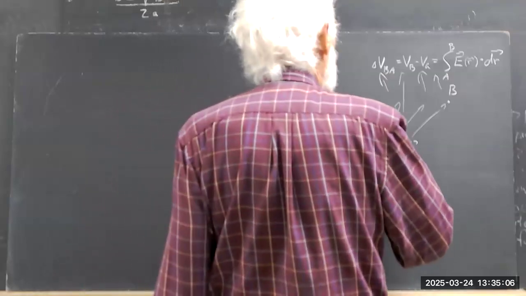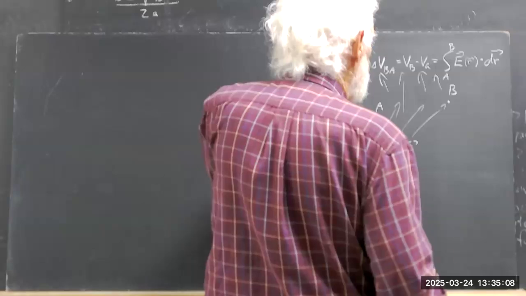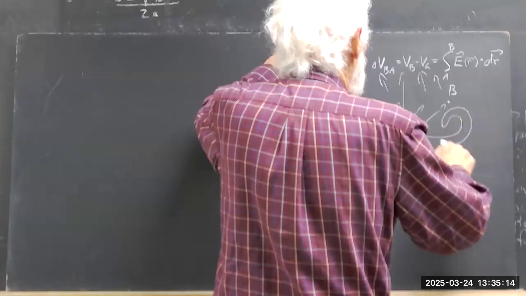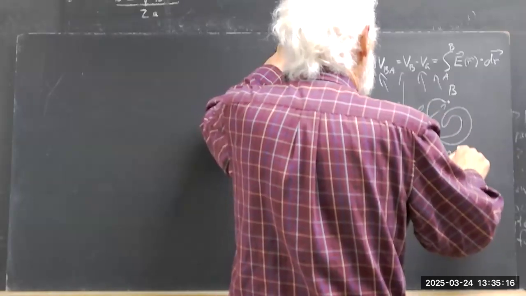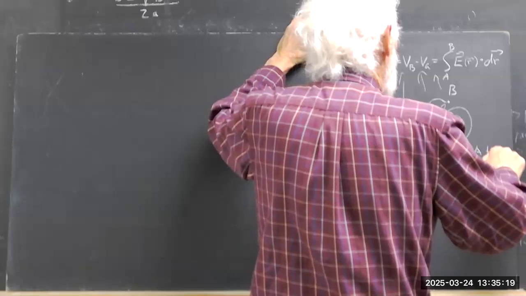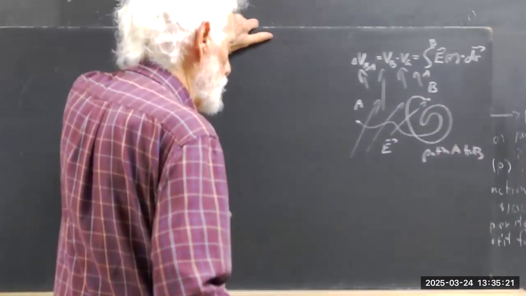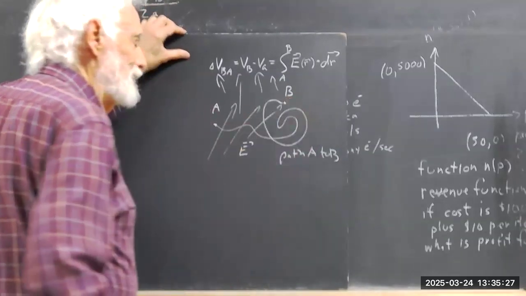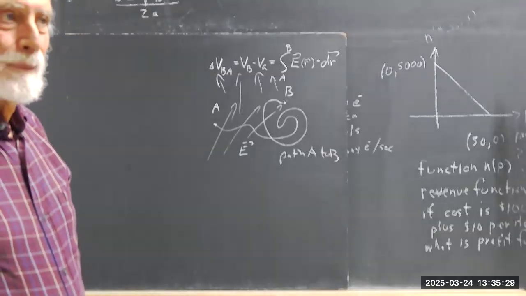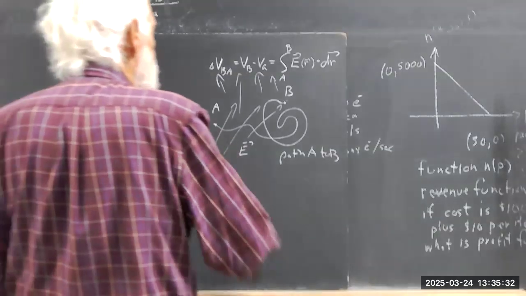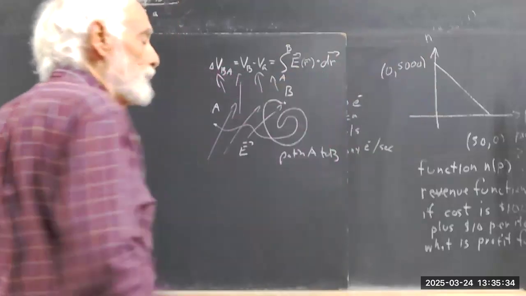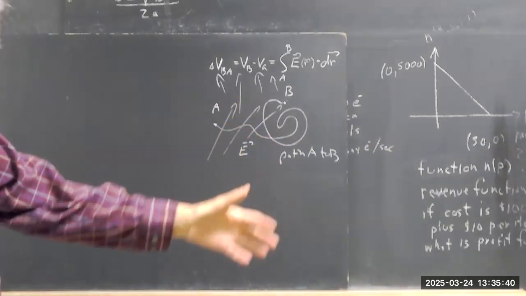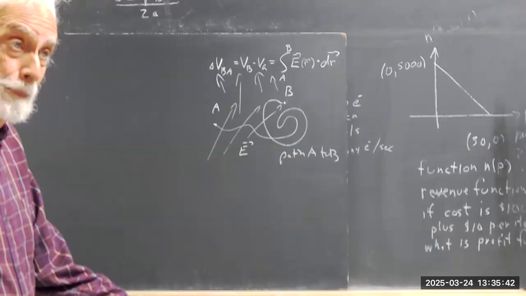We follow a path from A to B. I drew a pretty complicated path. I could have drawn a straight line path. I could have drawn a path that spirals in. I could have drawn any kind of a path as long as it's continuous, no breaks.